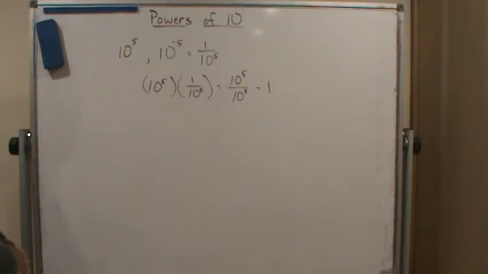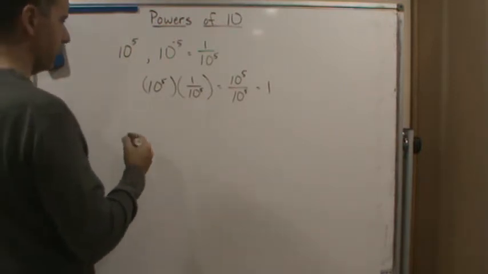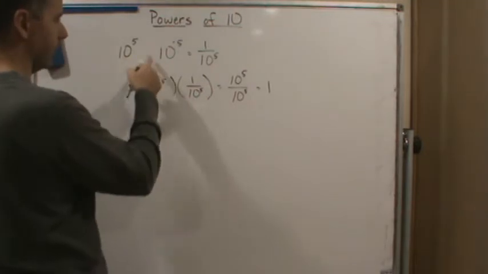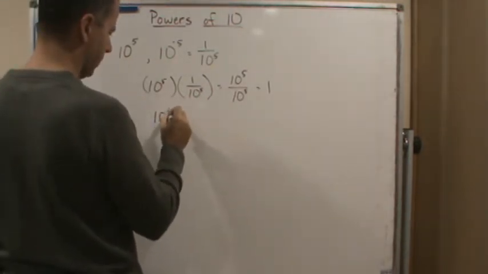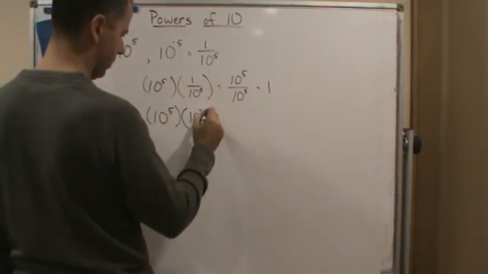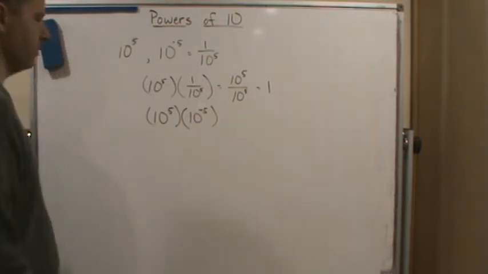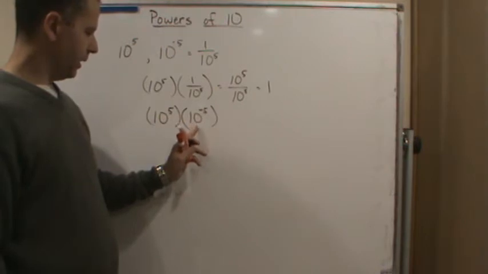Now, there is a special law of exponents that we're going to use when we're multiplying powers of 10 together. In this case we have 10 to the fifth and 10 to the negative fifth.